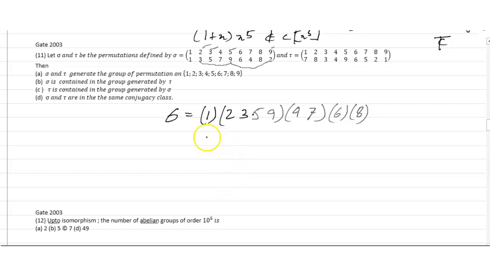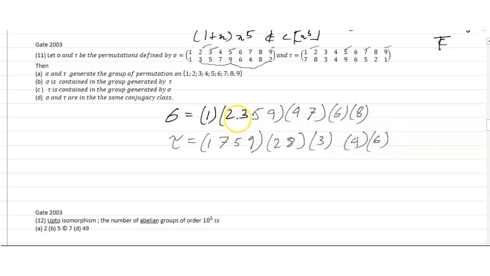This is the sigma, and tau can be written as 1 7 5 9, and 2 8, 3, and 4 6.